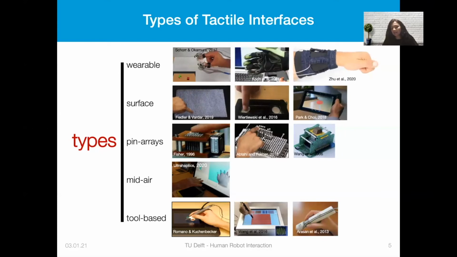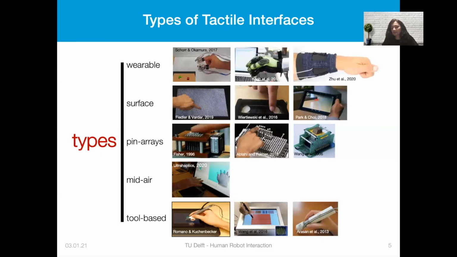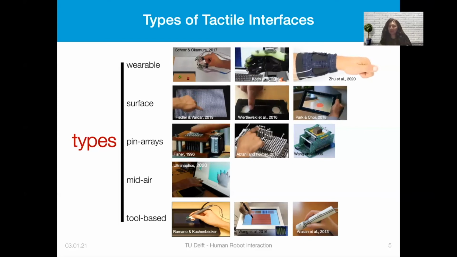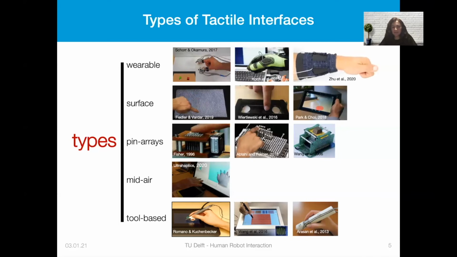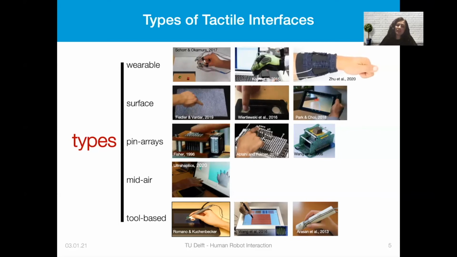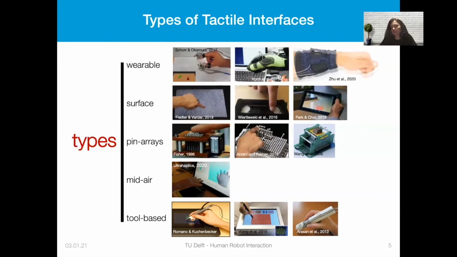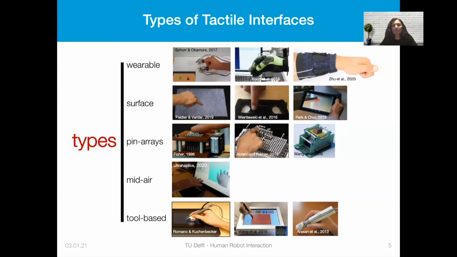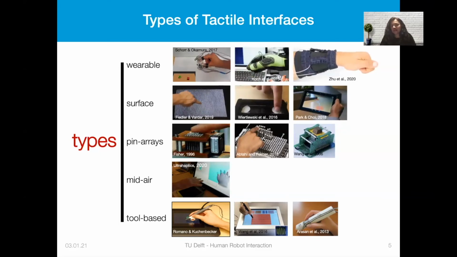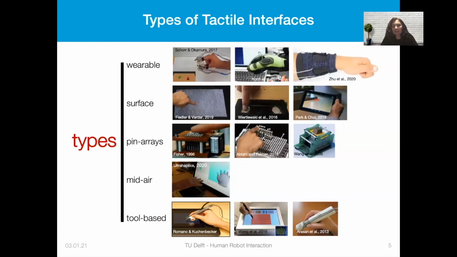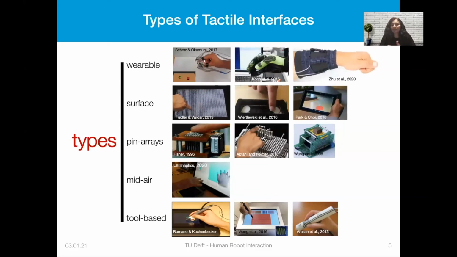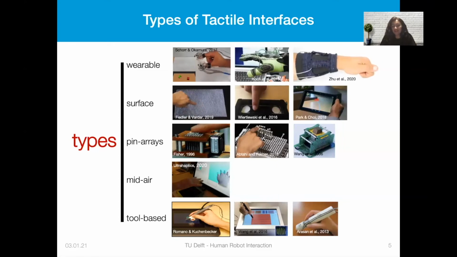As the name suggests, they deliver the tactile sensations via a tool, for example, a pen. And depending on the actuator that you choose, they can deliver you vibration, friction, or skin stretch sensations. So as you can see, there are different types of tactile interfaces, and depending on your application, you can choose any of these devices and use them.